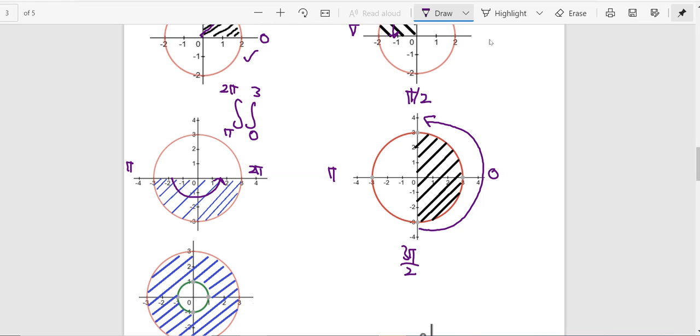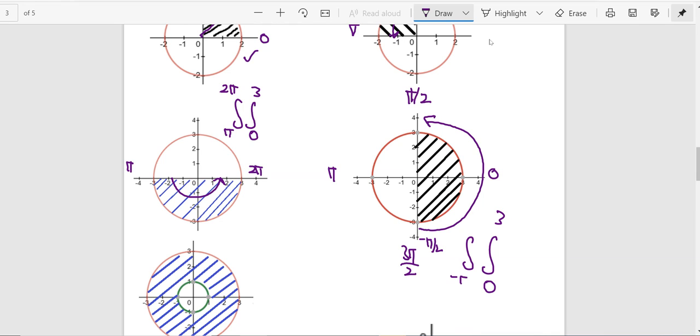But it will be easier if we take the limit somewhere like 0 up to 3 here. So the limit should be negative pi over 2 up to pi over 2.